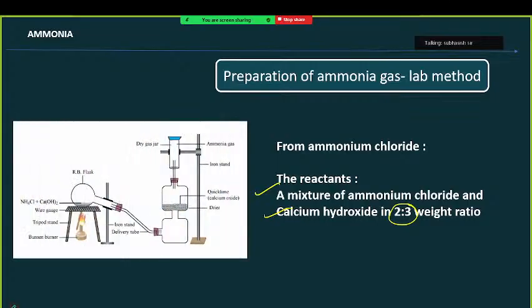By heating, you get ammonia gas, but that ammonia gas is passed through quicklime, calcium oxide, because the moisture present in ammonia should be absorbed by quicklime. After that, pure dry ammonia is collected by the downward displacement of air, because ammonia is lighter than air.